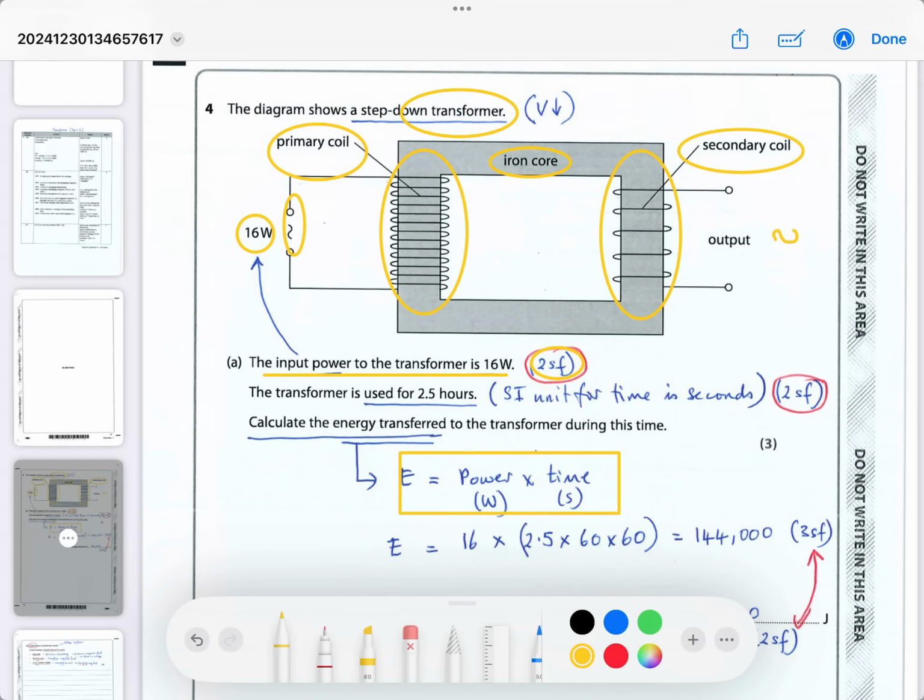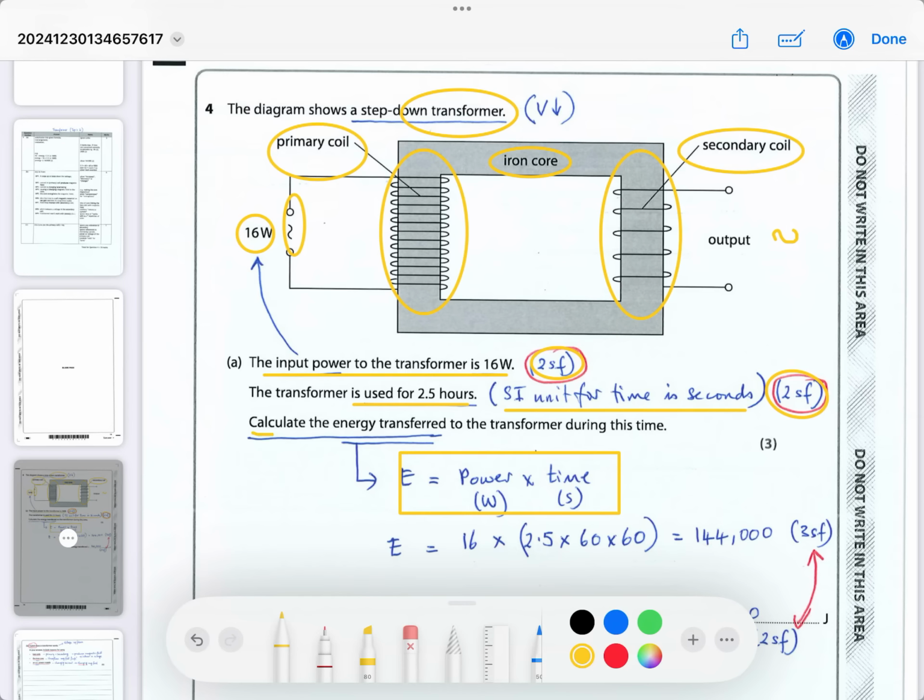Okay, now it says the transformer is used for 2.5 hours. Now remember that the SI unit for time should be in seconds, so you need to change the time into seconds. Again, you'll notice that they're giving you 2 significant figures. So data, they're telling you, we only know the data to 2 significant figures.